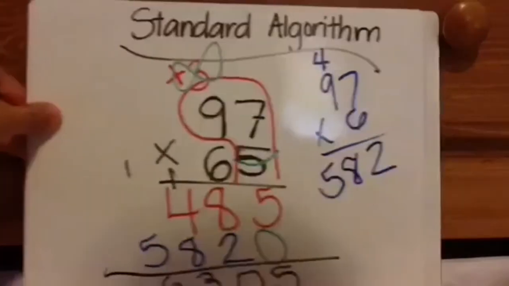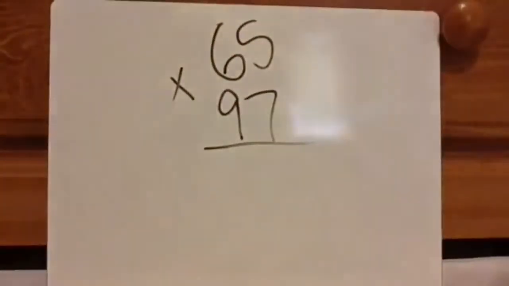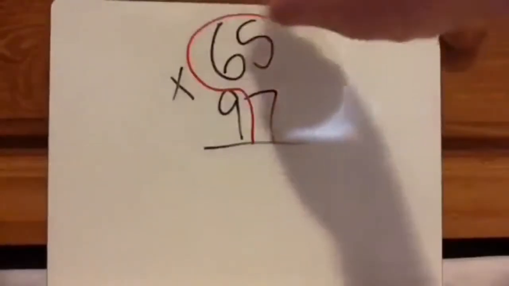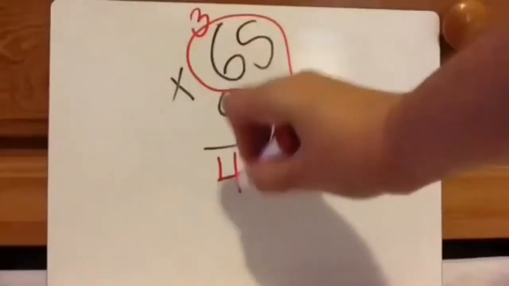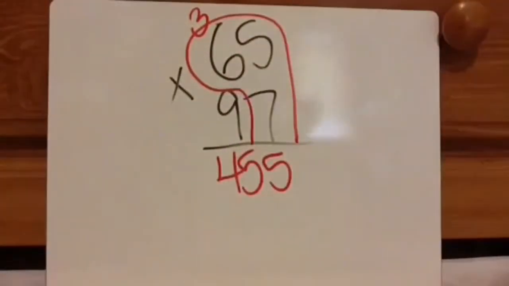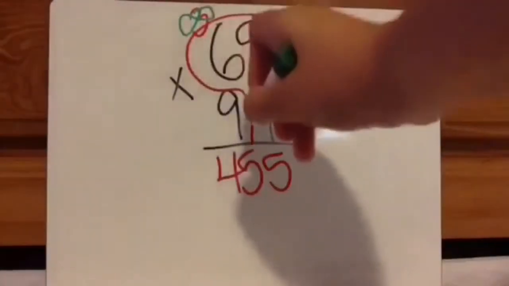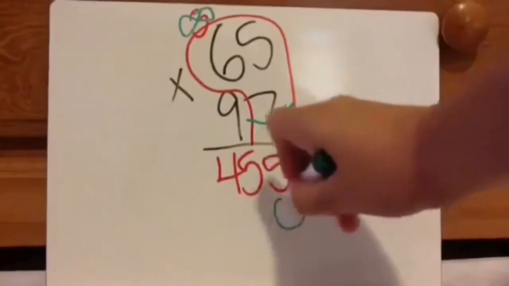So let's check it with commutative property. So 65 times 97. Step 1, draw a turtle and multiply. I got 455 as my answer. Step 2, bow tie, collar, lay an egg.